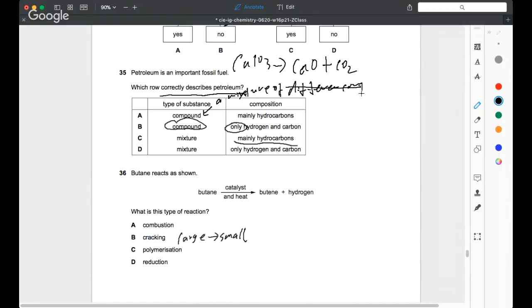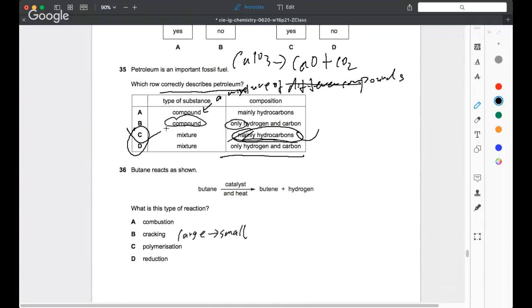A compound is something that only has one chemical formula, but petroleum is a mixture of compounds. So that would be C and D. It does not only have hydrogen and carbon, but it contains hydrocarbons and also some other organic molecules as well, but mainly hydrocarbons. So the right answer is C.